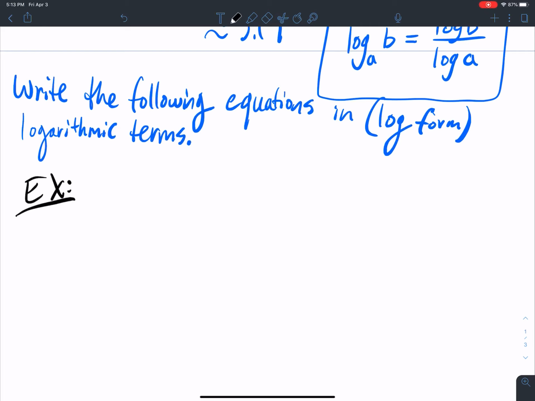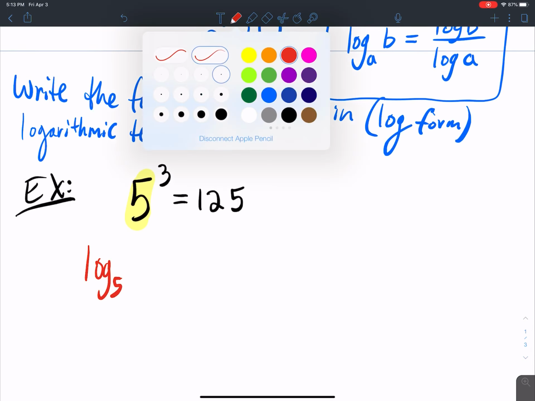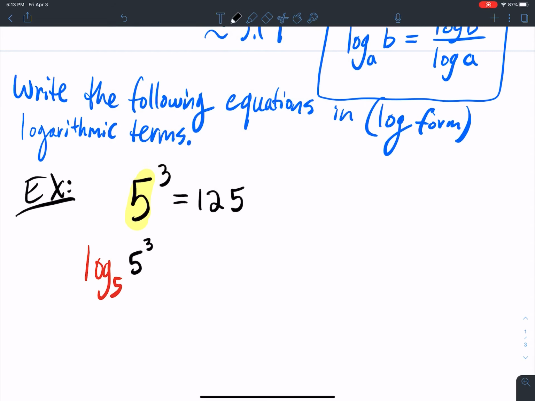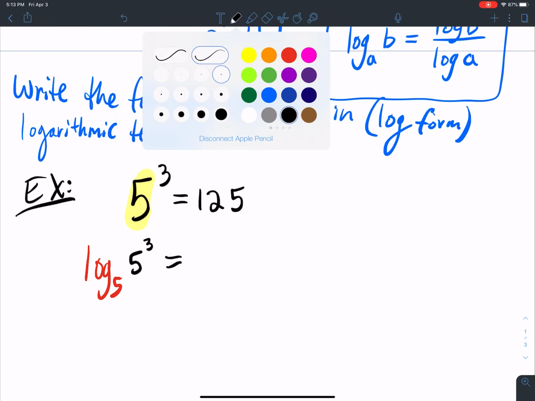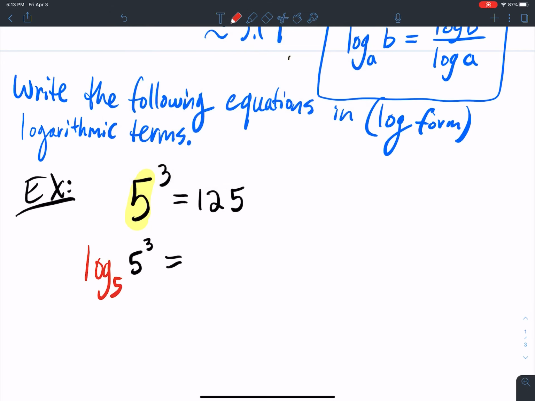All right, so first one. First we start in exponential form. 5 cubed equals 125. How do I write this in log terms? All I've got to do is log it. What's my base here? The base is 5. So I'm going to log base 5 both sides. I'm going to log base 5 of 5 to the 3, and then I log base 5 of 125. If I do something on one side, I've got to do it on the other side.